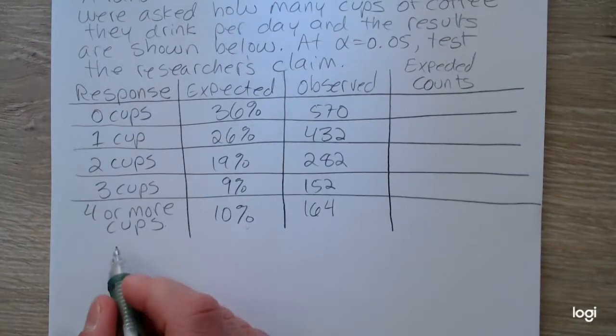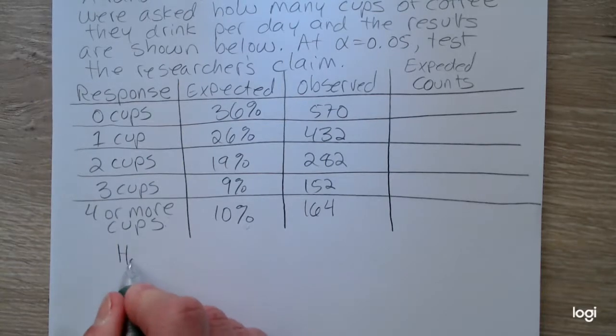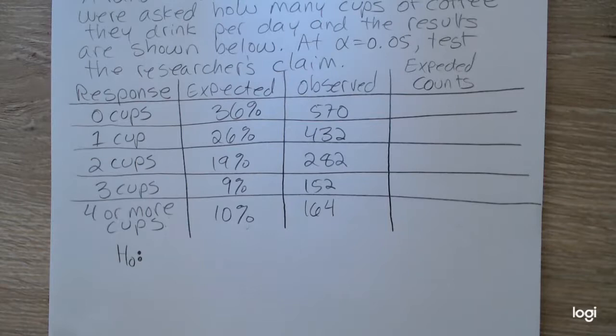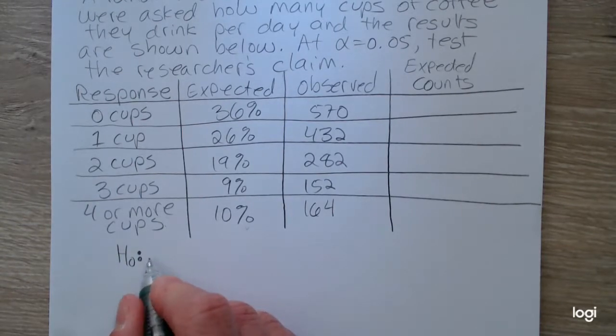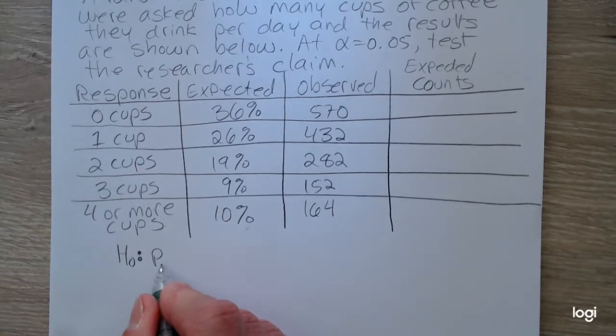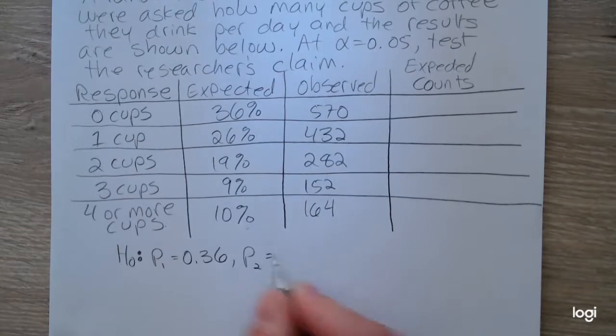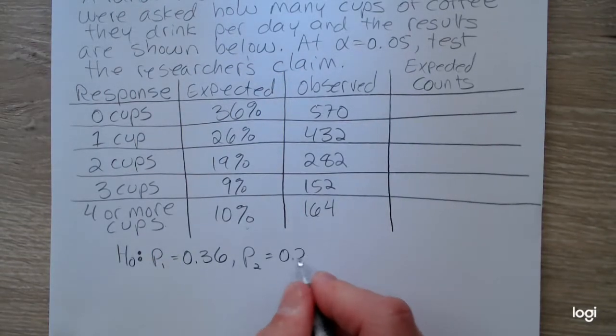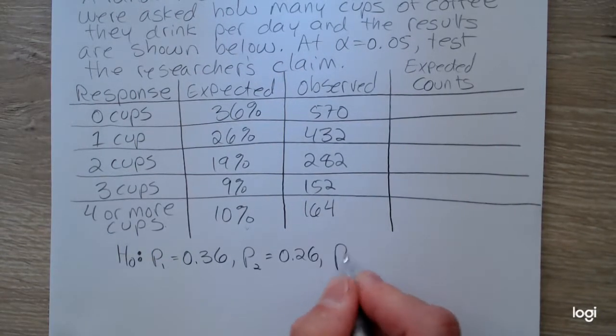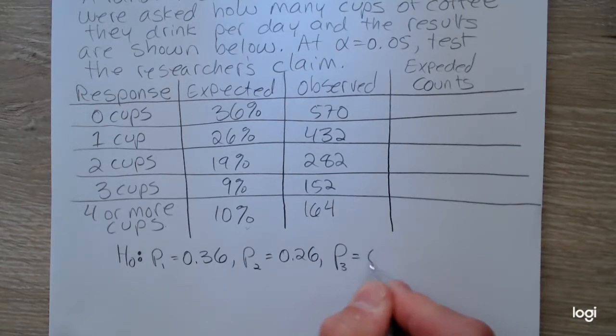The null statement is always some form of the statement that the distribution is as expected. Some textbooks are a little more specific. For example, I could write the proportion for the first category is 0.36. The proportion for the second category is 0.26, and so on.